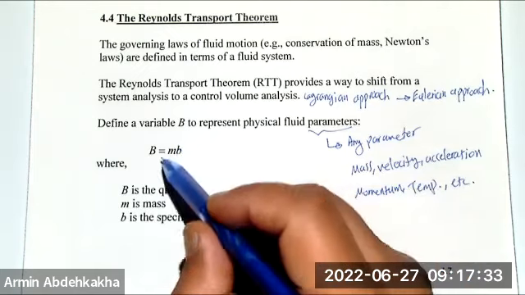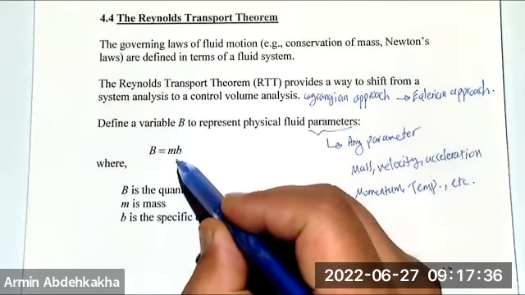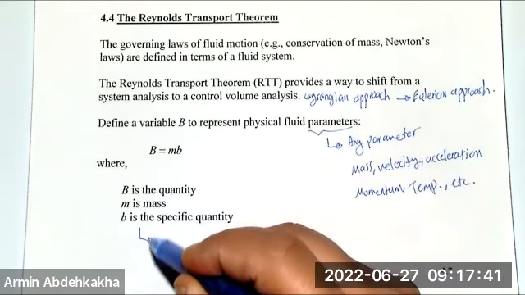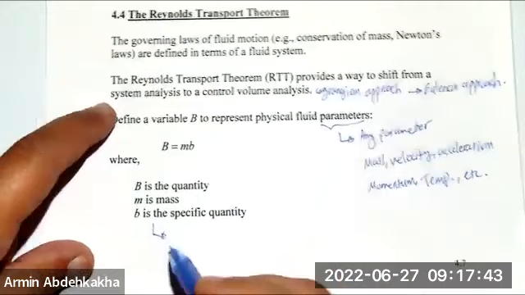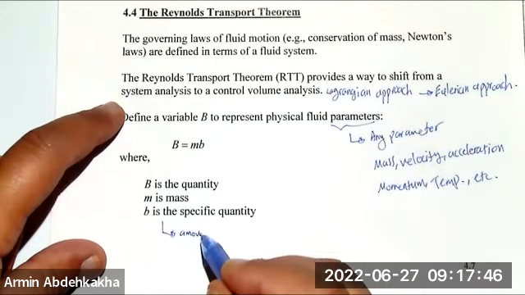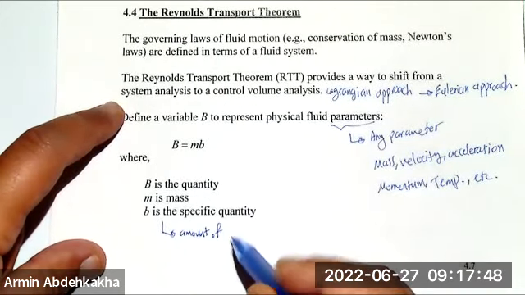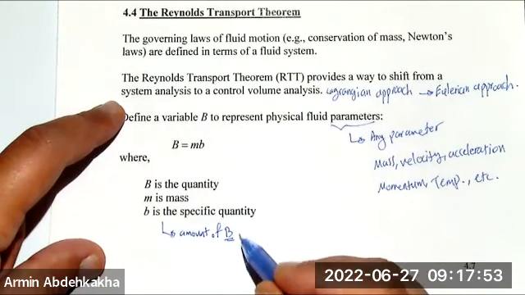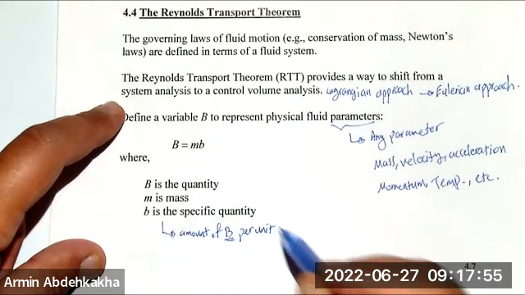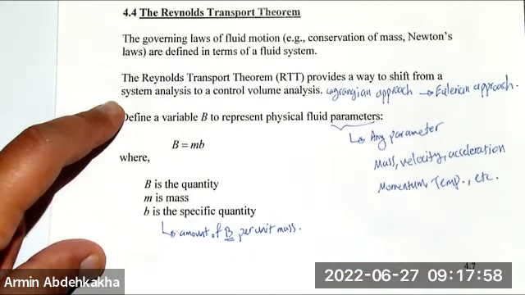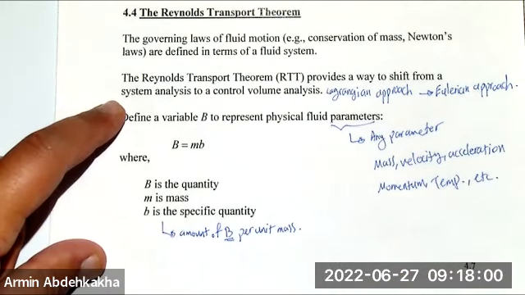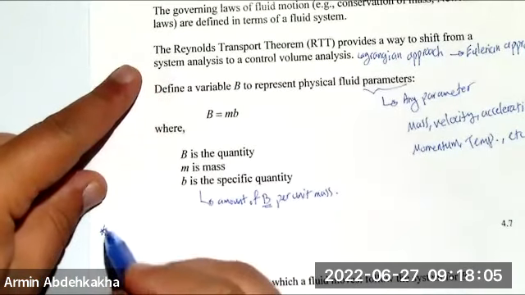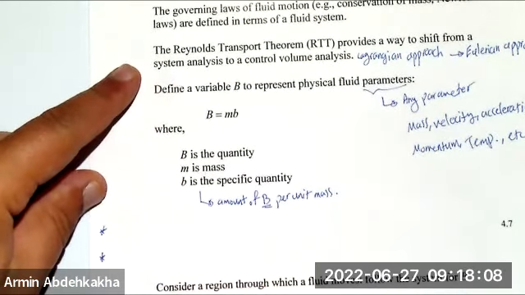But you can say that I have two parameters here: mass times the specific quantity. The specific quantity is defined as the amount of B, capital letter B, per unit mass.